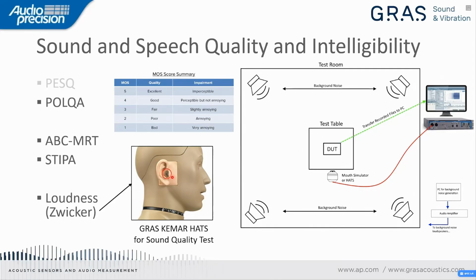And this setup is used for sound quality tests. So for example, this way we can record with a KEMAR noise signals that are coming from a laptop and calculate loudness, or we can record the signals to play back to a jury of human listeners for subjective evaluation of the recorded signals.